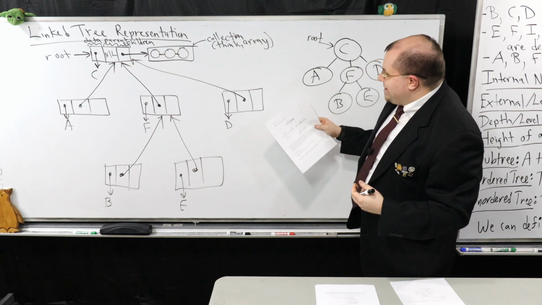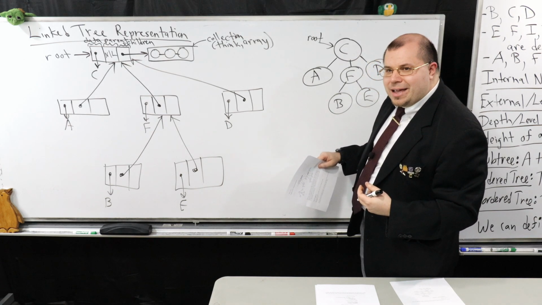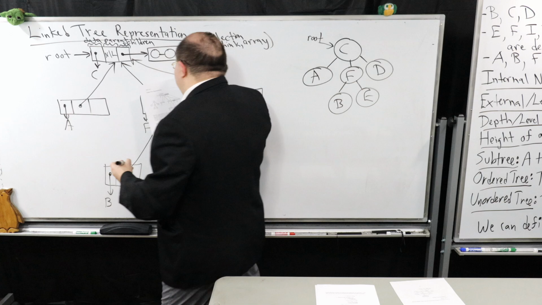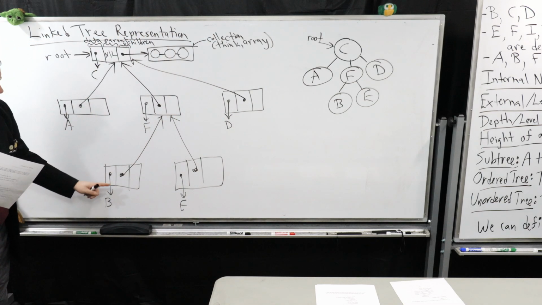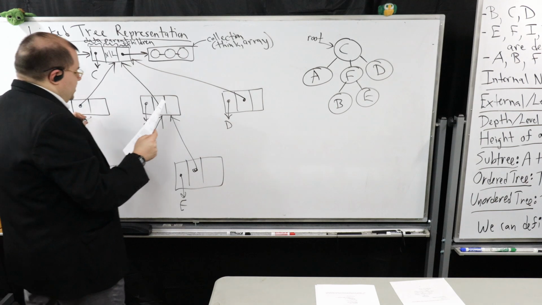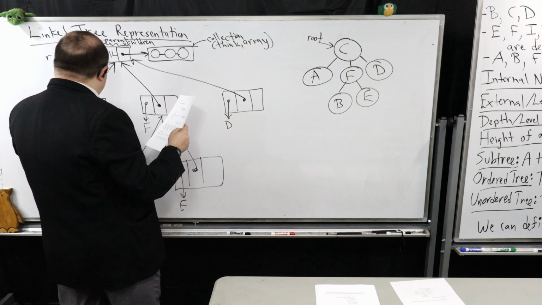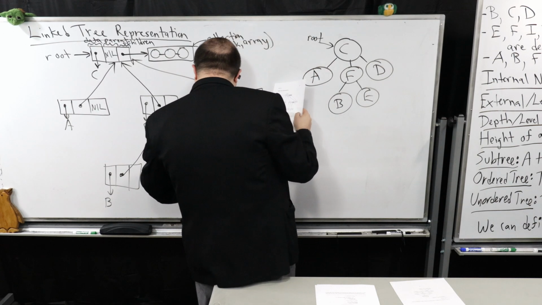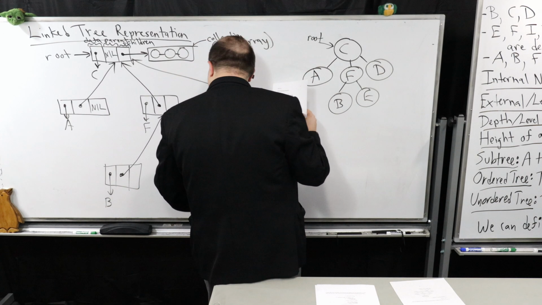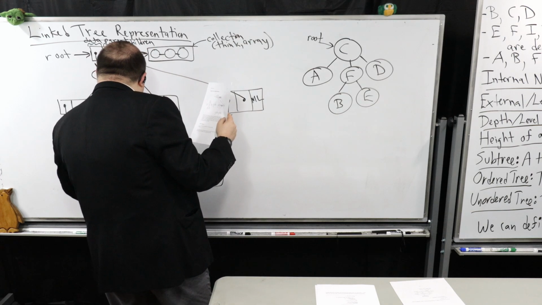So anyways, let's continue here then if we're doing okay. So, you know right away that A, D, E, B, and E here all are leaf nodes. You know that they don't have any children. So, I don't really store anything here. I can put nil here.